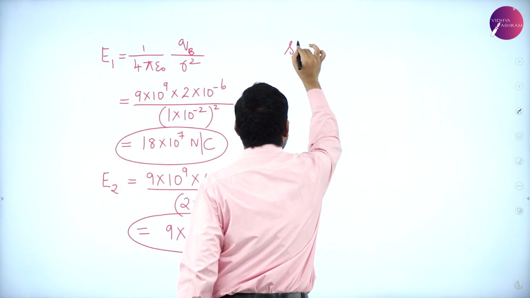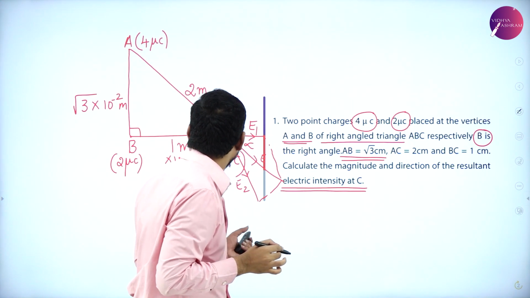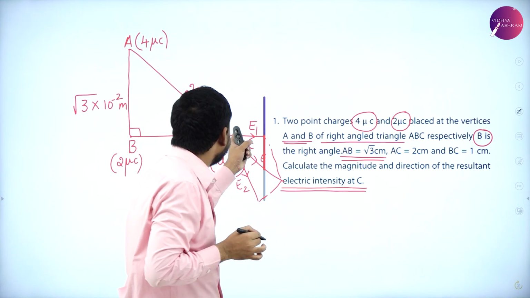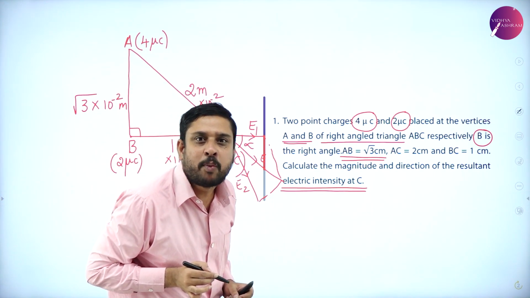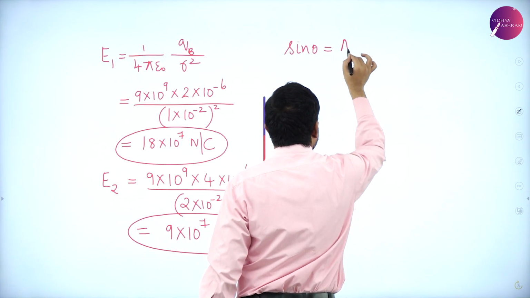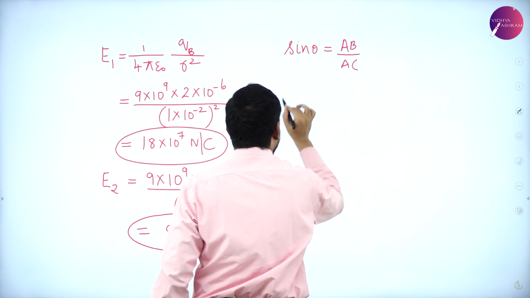So sin theta is, according to the triangle, AB by AC, opposite by hypotenuse. So AB by AC.